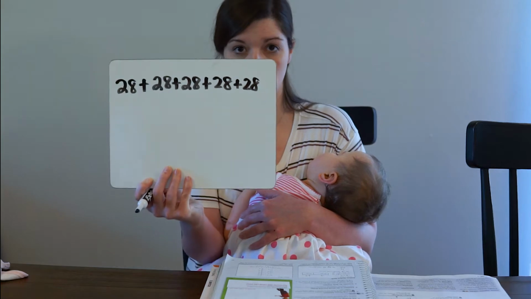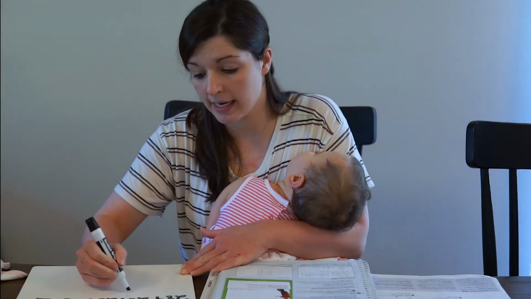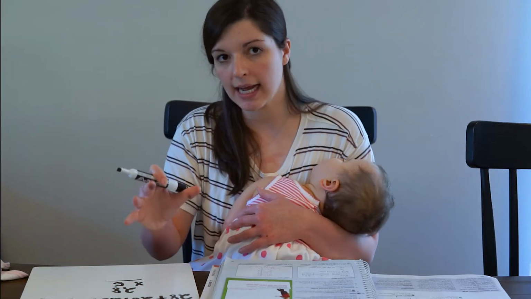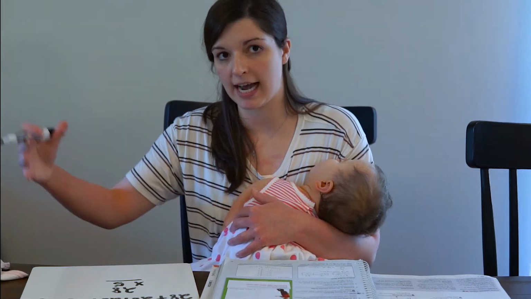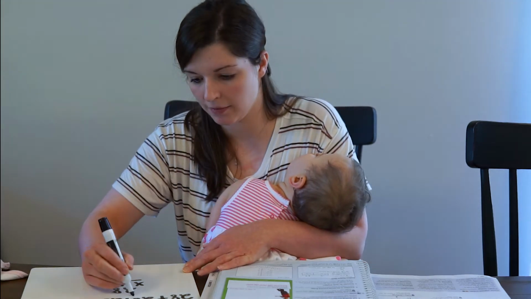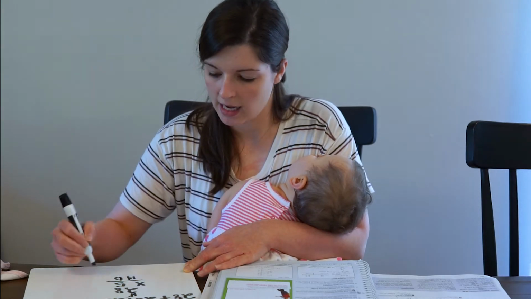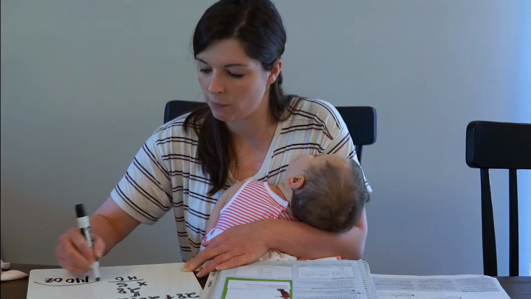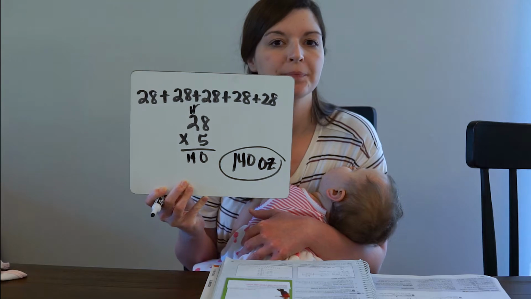We have 5 28s multiplied together, right? Or added together, excuse me. Or we could say 28 times 5. So that's 28 ounces for all 4 dogs a day times 5 days. 28 times 5. That's 140 ounces. And again, we abbreviate ounces with the abbreviation OZ.